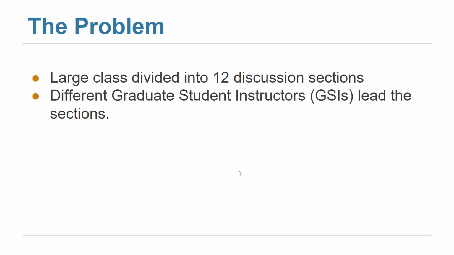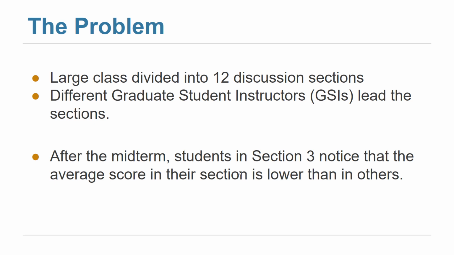After the midterm, after the grades were released, students in a specific section, here section 3, noticed that the average score of their section is lower than the others. Of course, it happens all the time. But if you are in this section, then you might think that there might be a problem with the GSI teaching. That was the stance of the students.